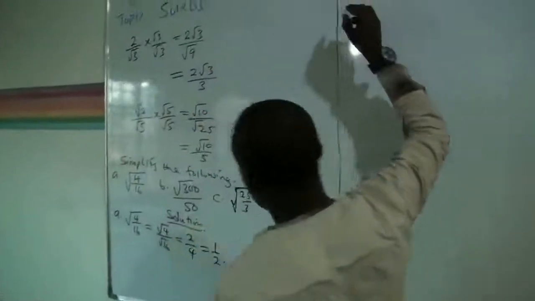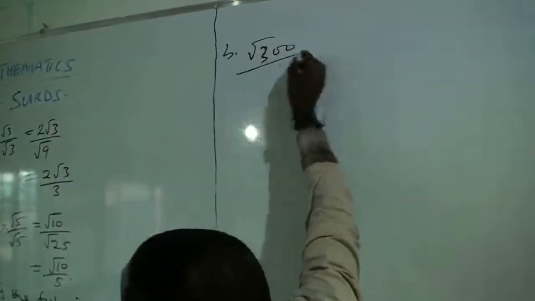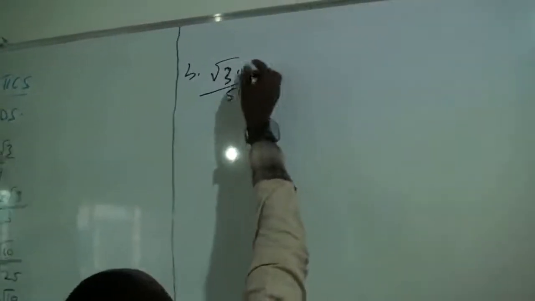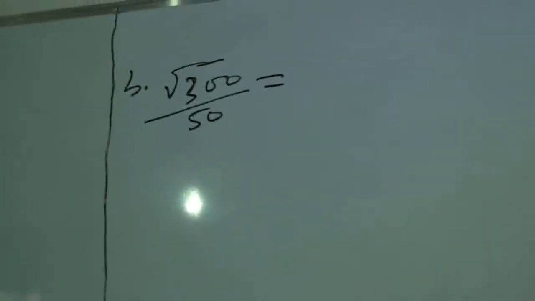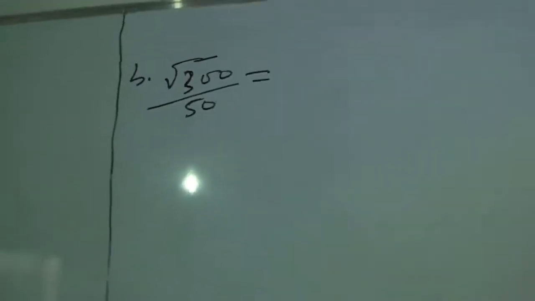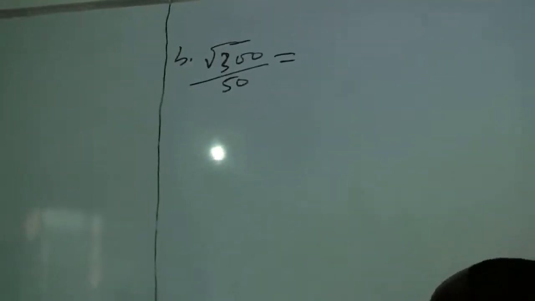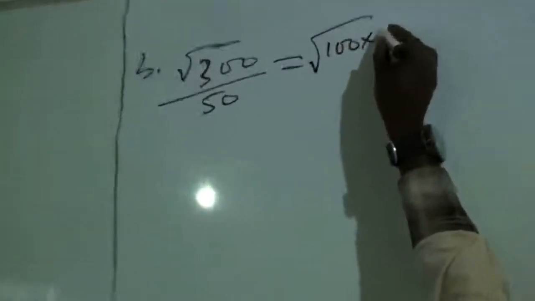Question we have here is root 300 all over 50. Now, the first thing is that we express 300 in its basic form. And what are the two numbers that we multiply to give us 300? So that one is a perfect square. Of course, 100 times 3.